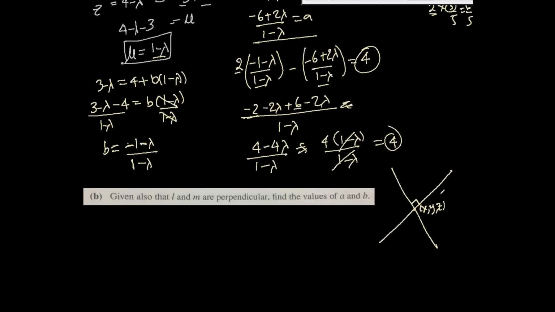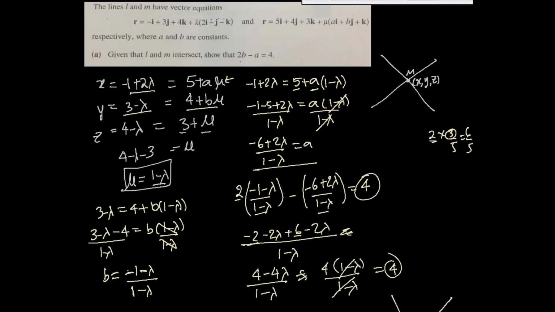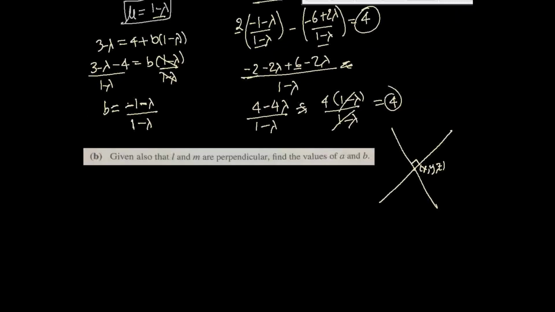When two lines are perpendicular to each other, two vectors are perpendicular to each other, their dot product is 0. In this vector equation, the part after lambda and the part after mu are the vector parts of the vector equation. So let me write that dot product equal to 0.